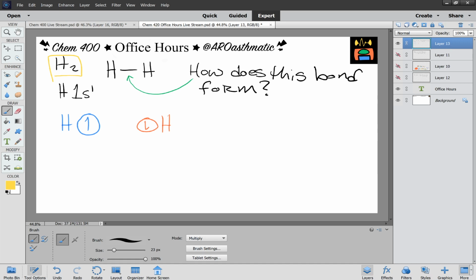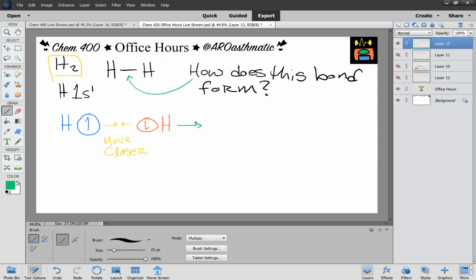Now, what these two atoms are going to do is they need to move towards each other. They need to move closer. I'm going to draw a picture.